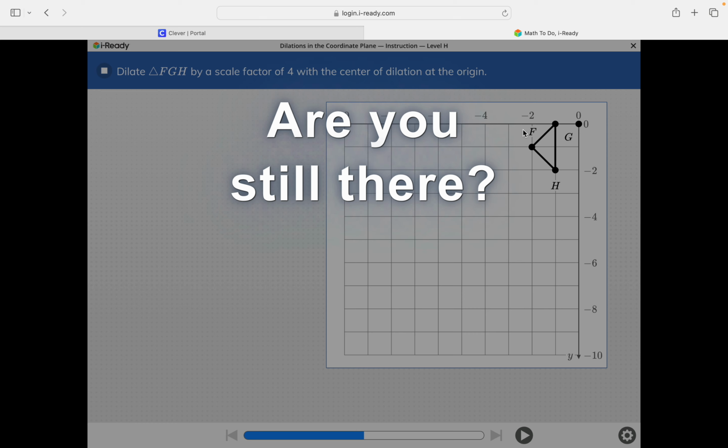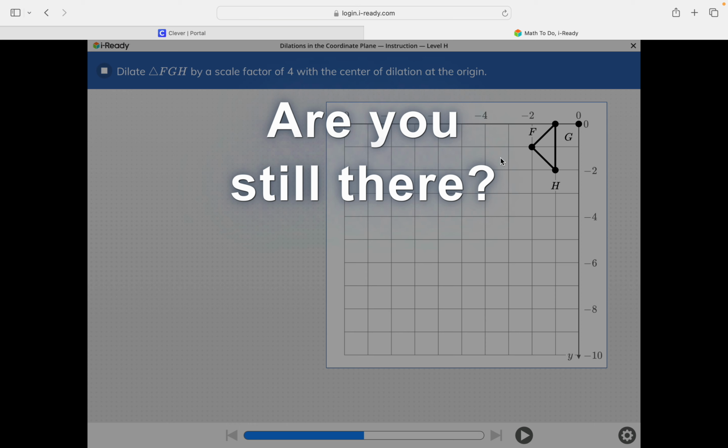So now we have everything, Subani. See here, we have F prime minus 8, minus 4. We have G prime, minus 4 and 0. And be careful, H prime is minus 4 and minus 8.